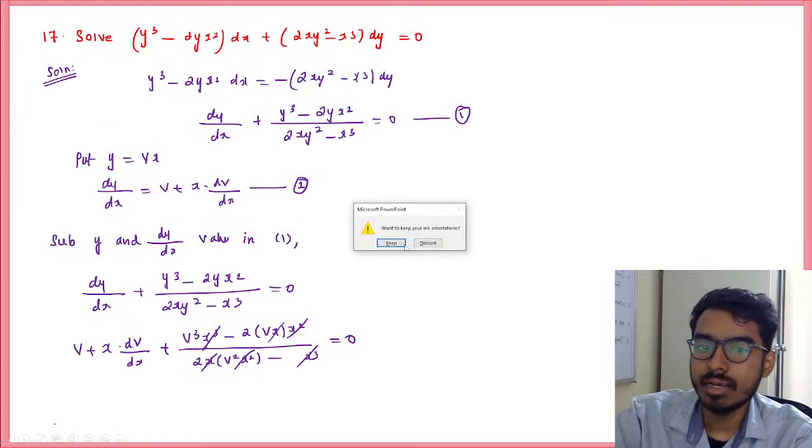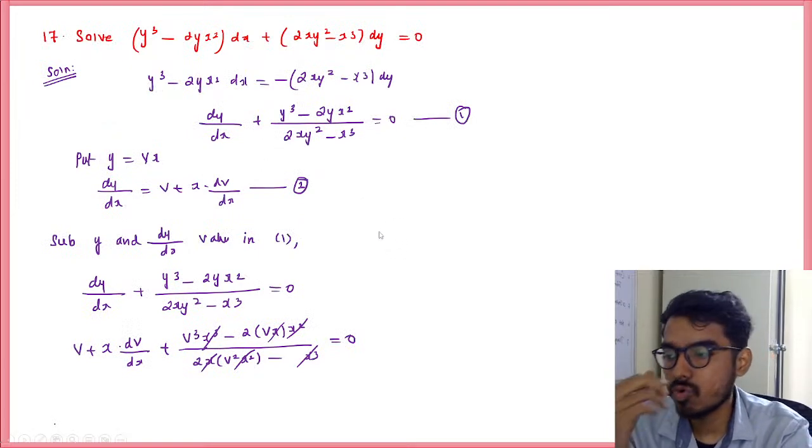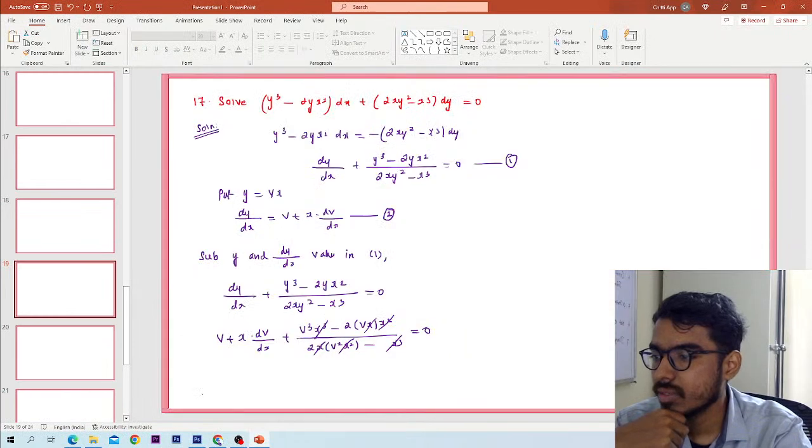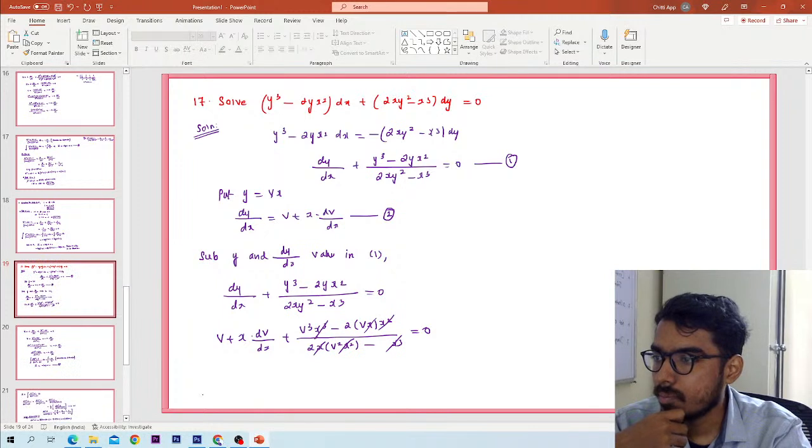I think I have completed almost many problems on homogeneous differential equations. I'll just show you one more problem. This is a very slow problem right in the beginning. We'll do that problem and then we will wind up homogeneous differential equations.